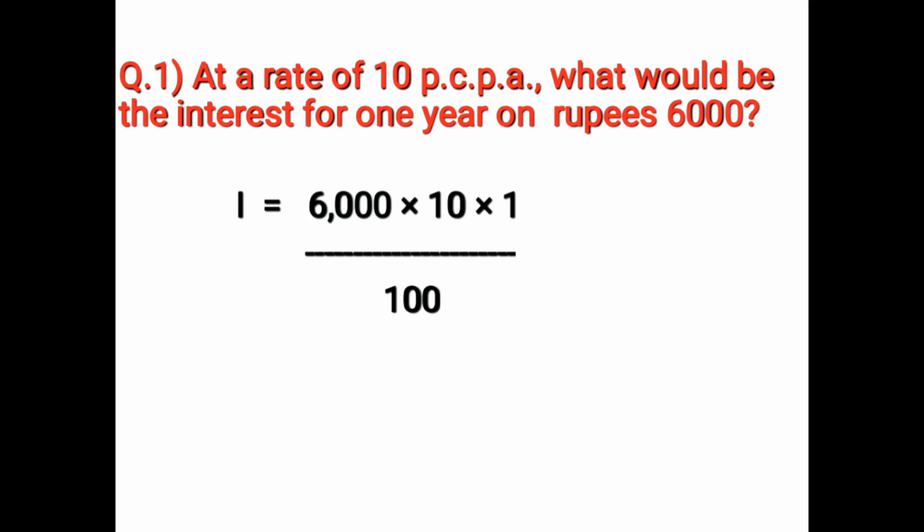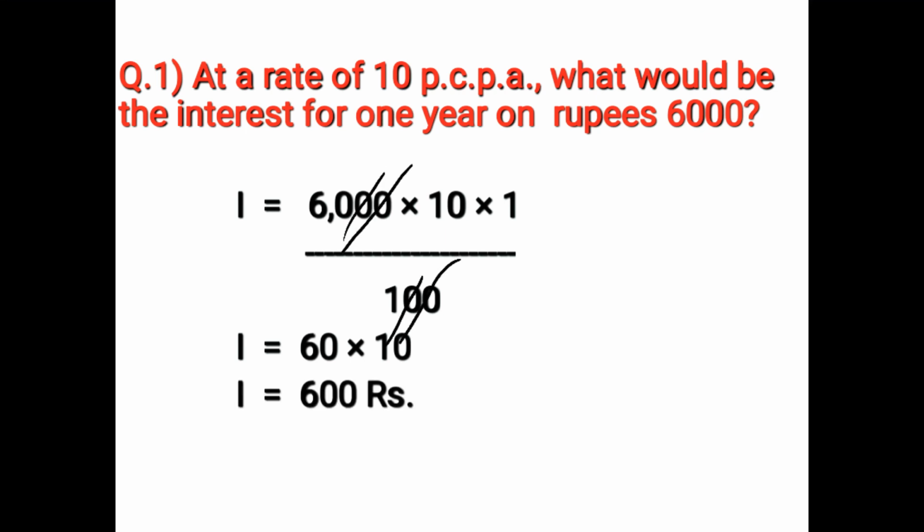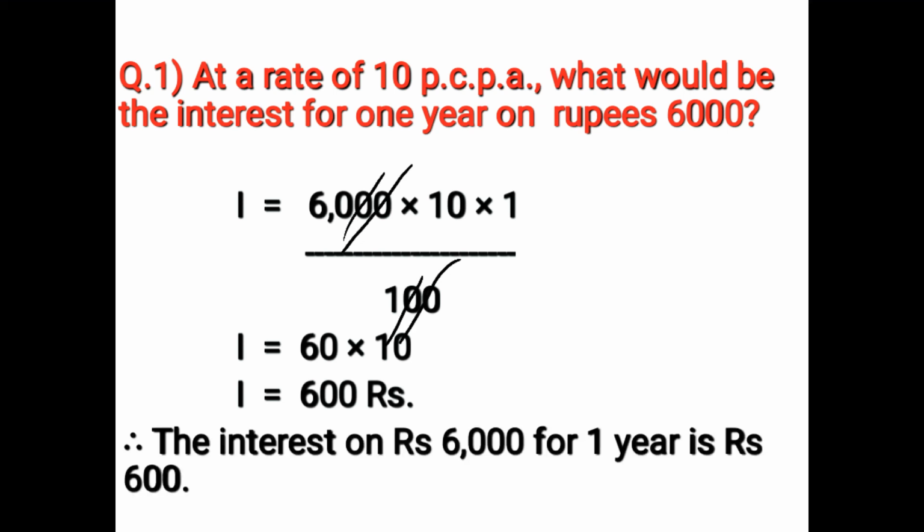Now cancel the zeros on numerator and denominator, these two zeros, okay? And then interest is equal to 60 into 10. Interest is equal to 600 rupees. 60 tens are 600. Therefore, the interest on rupees 6,000 for 1 year is rupees 600.